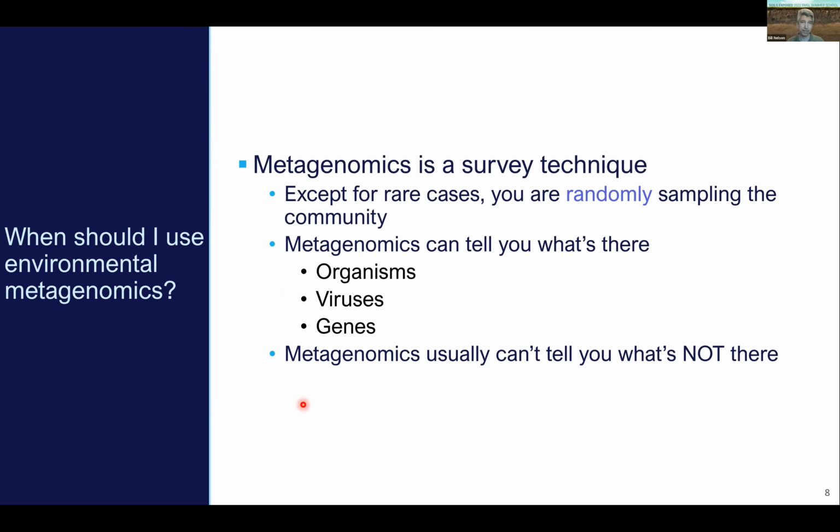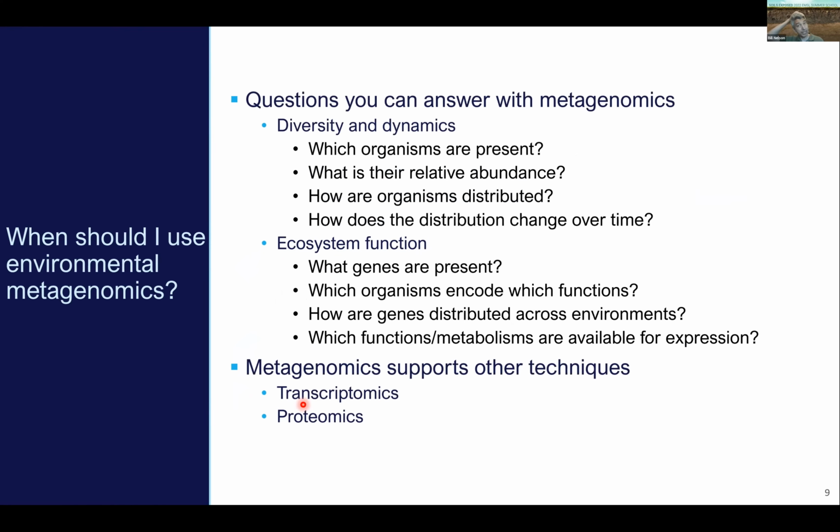Questions you can answer with metagenomics. You can answer questions about diversity and dynamics: which organisms are present, what's their relative abundance, what's the diversity of the community, how are the organisms distributed across space and time. You can ask questions about ecosystem function: what genes are present, which organisms encode which functions, and how are those genes distributed across environments.